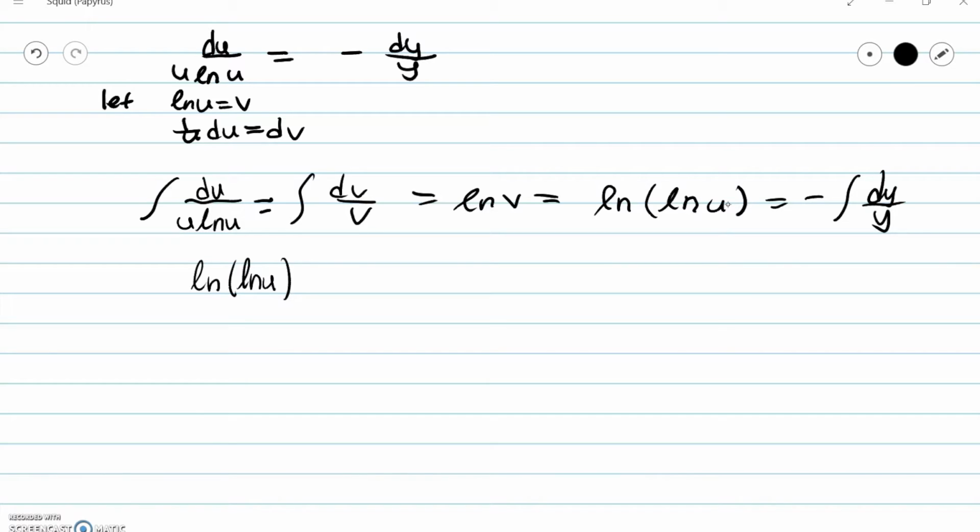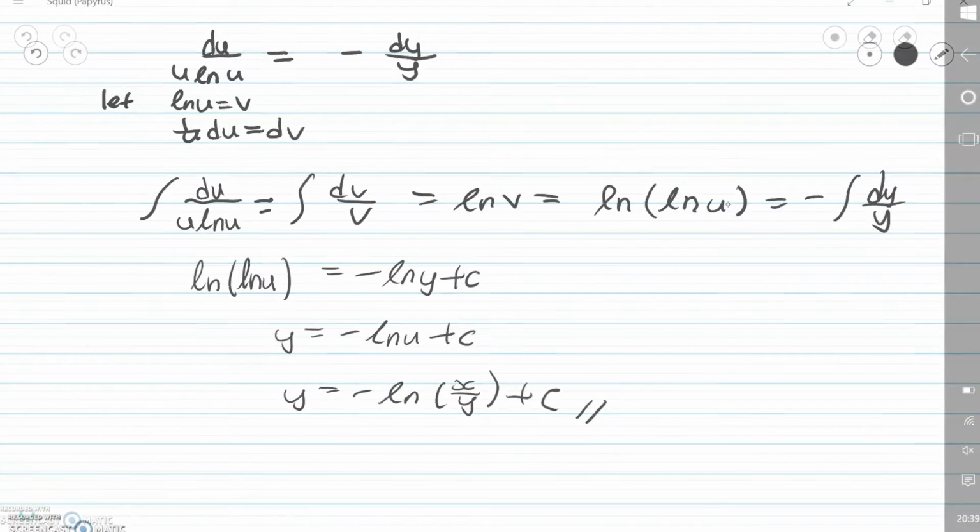So the ln of ln u will be equal to negative ln y plus c. By taking exponentials on both sides, y equals negative ln u plus c. And when we substitute back the original term, we will get what y is.